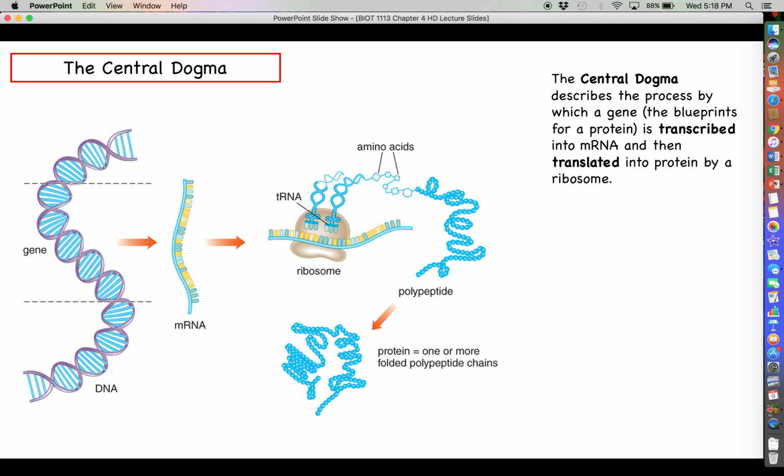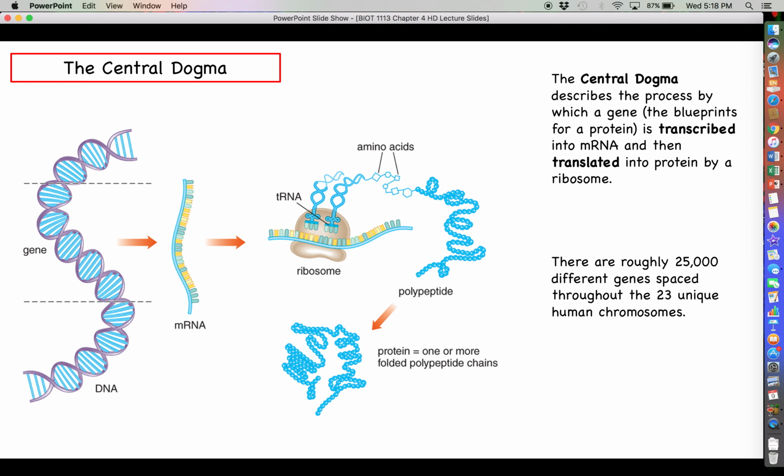A gene within a long DNA chromosome provides the instructions on how to make a single protein. With transcription, we make a messenger RNA copy of that one specific gene. And then with translation, a ribosome reads the messenger RNA and actively synthesizes a protein, the amino acids of which correspond to the codons that were found in that messenger RNA.